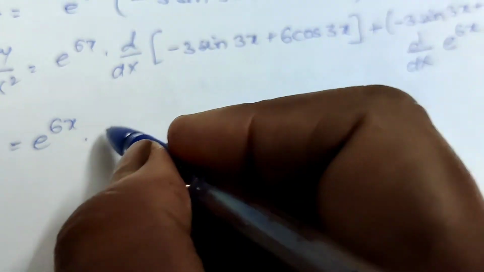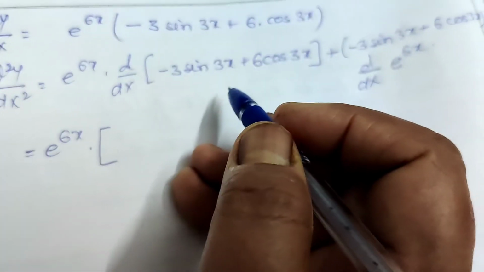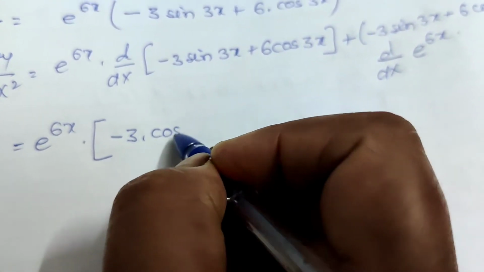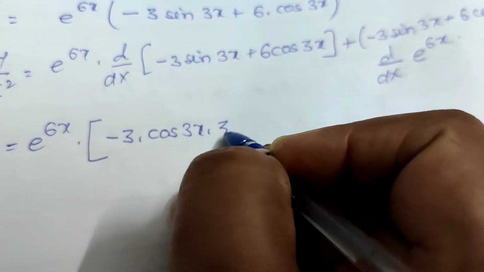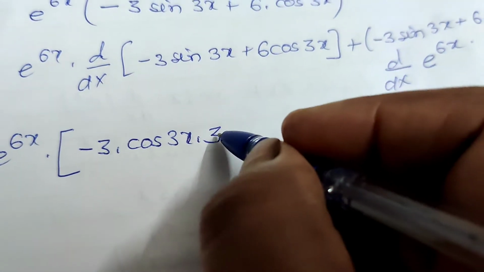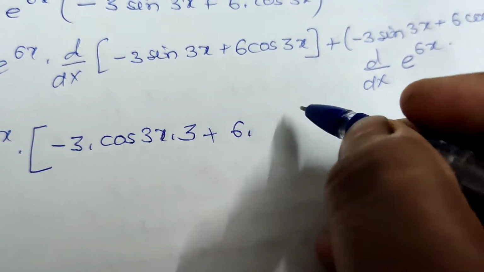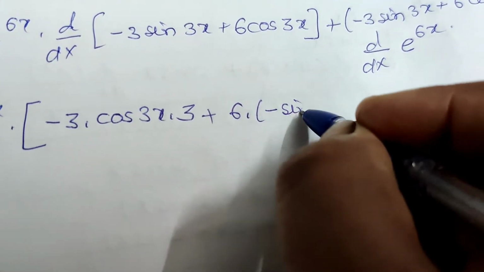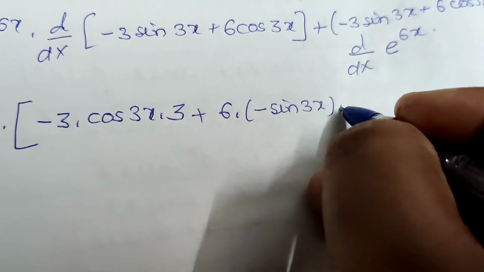The differentiation of minus 3 sin 3x is minus 3 cos 3x into 3. Sin 3x differentiates to cos 3x, and differentiation of 3x is 3. And in this 6, differentiation of cos 3x is equal to minus sin 3x into 3.